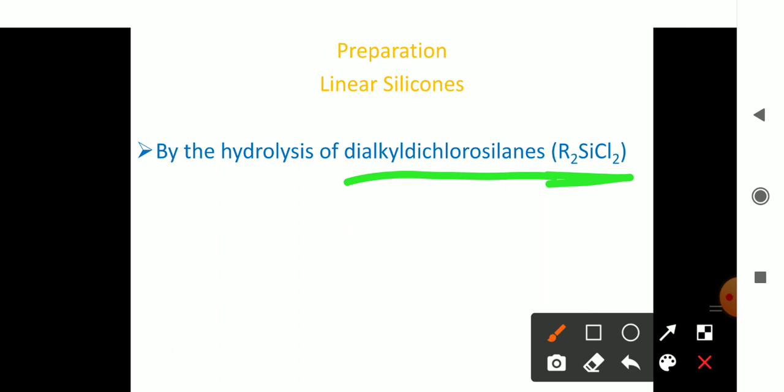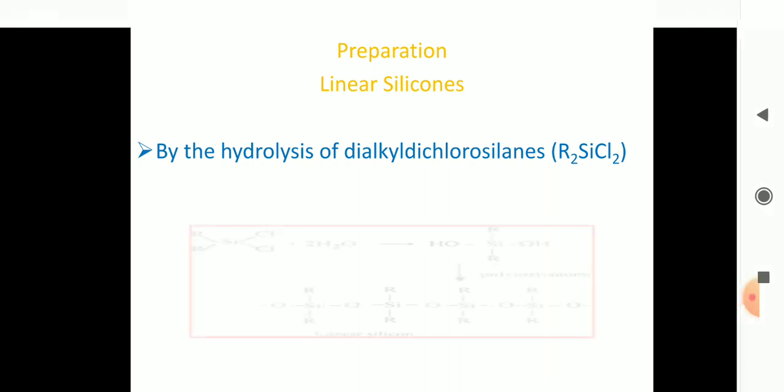So dialkyl dichlorosilane. Silane is used to represent the presence of a silicon atom. When these dialkyl dichlorosilanes are hydrolyzed, the subsequent condensation of the hydrolyzed product yields the linear silicone molecules.